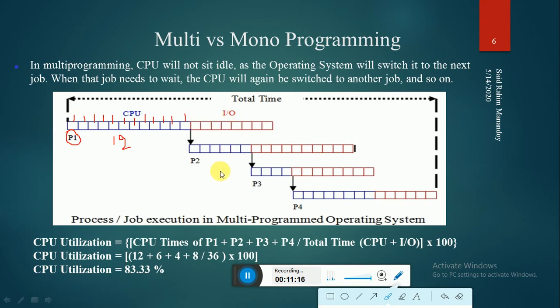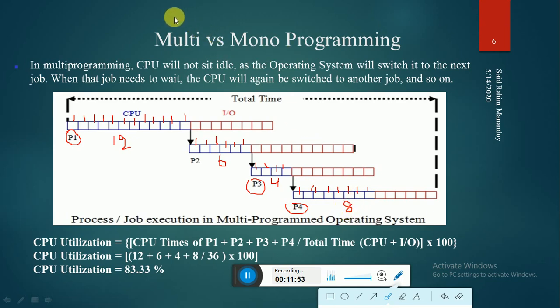Now there is another process which requires 6 milliseconds of CPU time. For us, CPU is very important, that's why we are only calculating the time of a CPU. Another process requires 4 milliseconds of a CPU to be executed. And there is a fourth process which requires 8 milliseconds of a CPU.